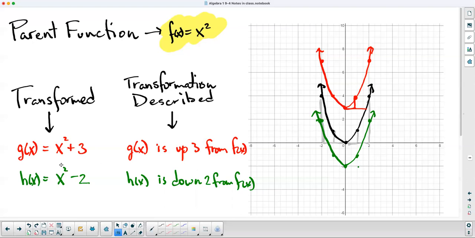Now I'm keeping the original shape because there's no number on the x squared. The number on the x squared is what changes the shape. The number out front, like at the end, tells you where you start from.